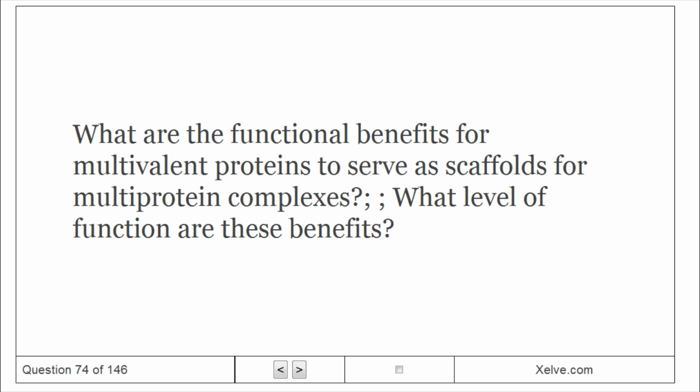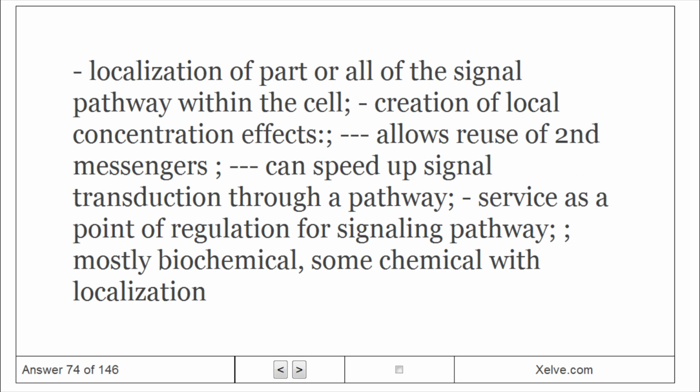What level of function are these benefits? Localization of part or all of the signal pathway within the cell. Creation of local concentration effects allows reuse of second messengers, can speed up signal transduction through a pathway, and serves as a point of regulation for the signaling pathway. Mostly biochemical, some chemical with localization.